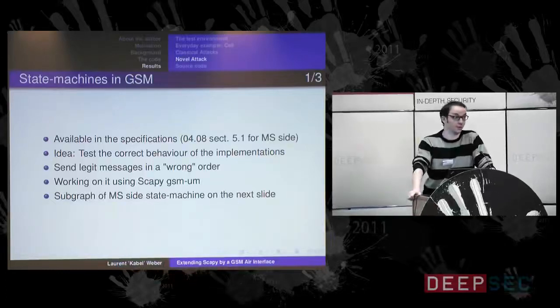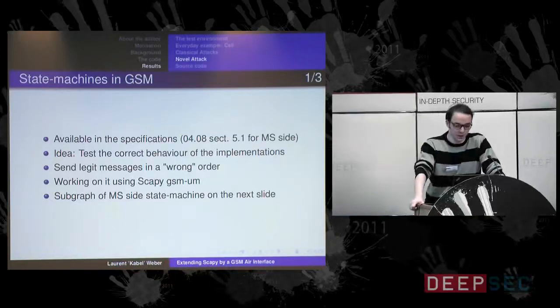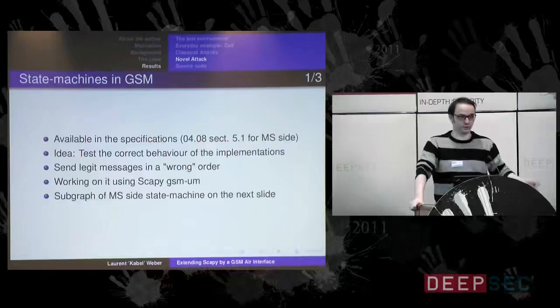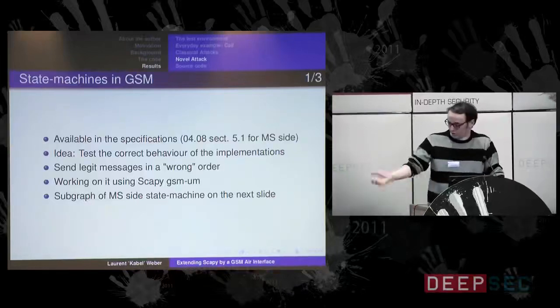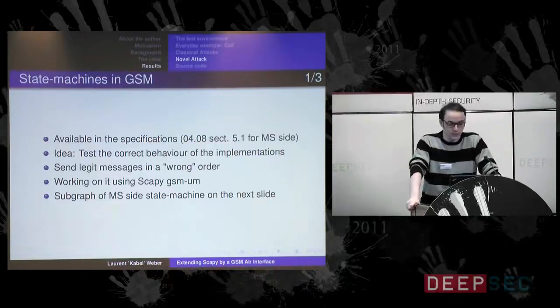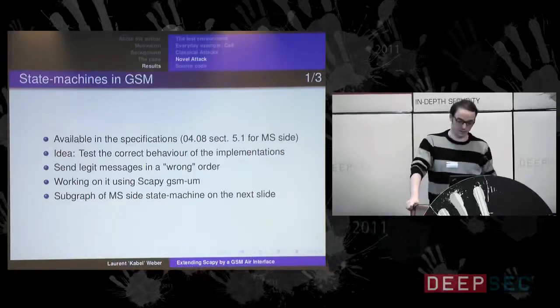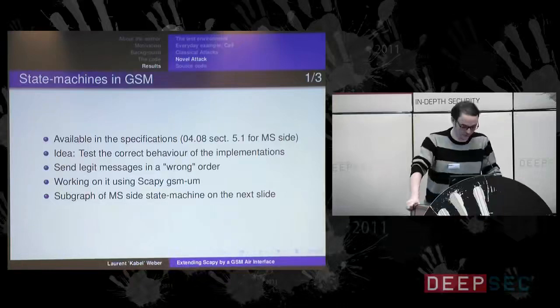Of course, again, that's not a limitation. You could also start to play around with the state machine of your operator or of OpenBTS and stuff like this. But I only did the mobile subscriber side, and you have so many possibilities that alone if you want to do this side in a clever way and in a good way, it will take you, I think years.